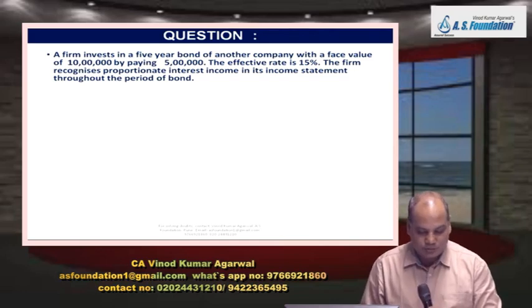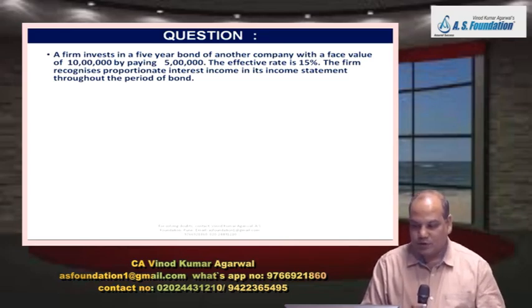Now one different question. Think and answer. A firm invests in a 5-year bond of another company with a face value of rupees 10 lakh. Question number 6. By paying 5 lakh, the effective rate is 15%.